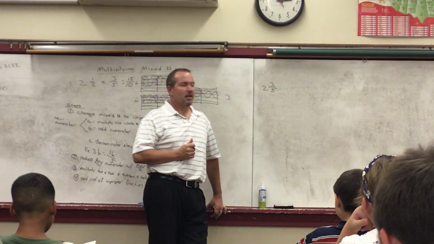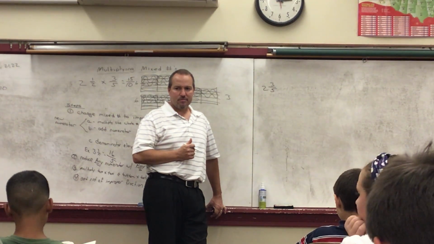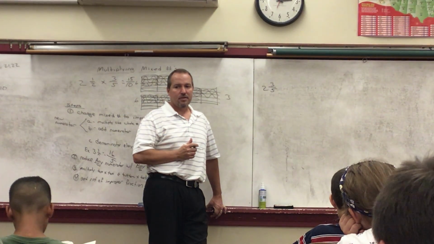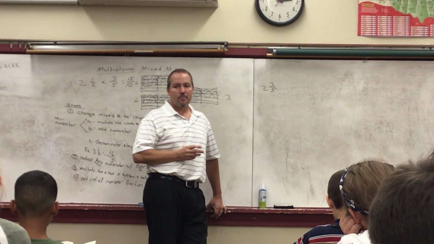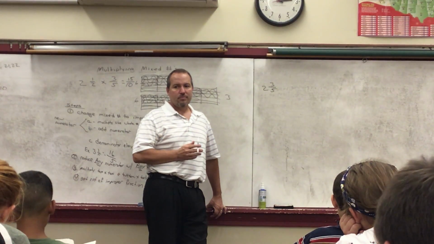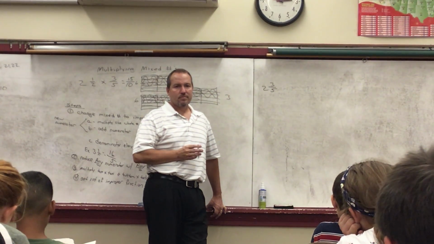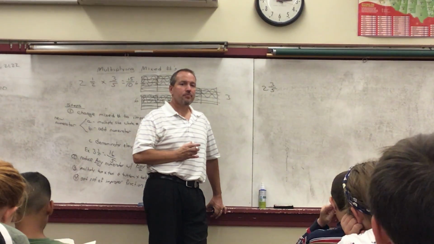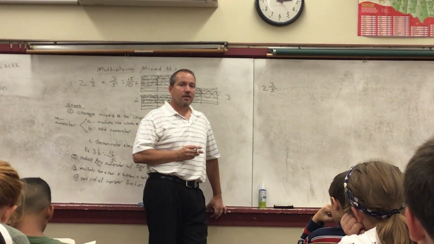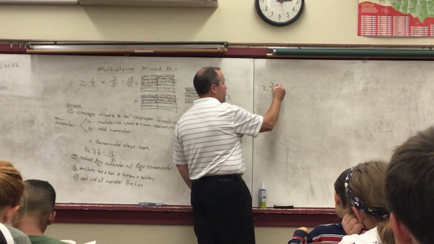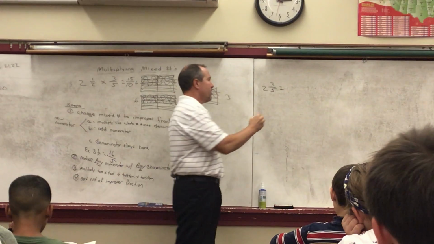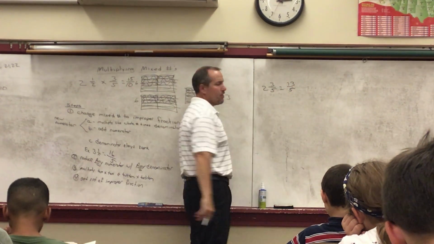Good. Brian, how do we change it to an improper fraction? 2 times 5, which is? 10. And then do what? Declan, what do we do? 2 times 5 is 10. And then add 3, which is 13. And so your answer would be? 13 over 5. The denominator stays the same.